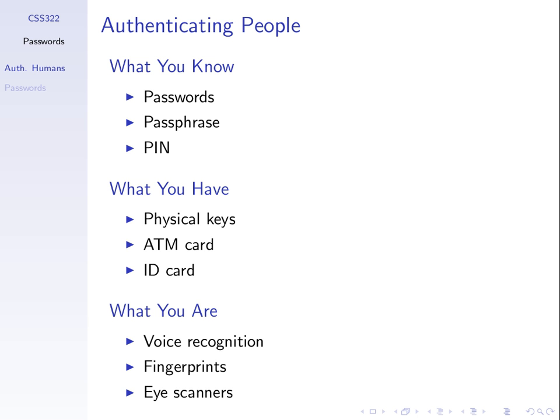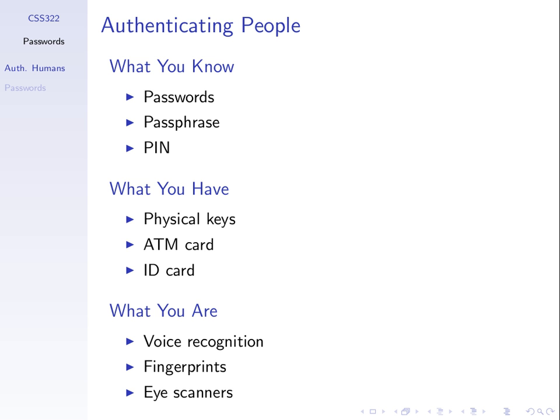Another thing is what you have in general. If you have a key, you can come into the building. The building authenticates you based on you having the correct key. We can also apply that to security systems. We can have keys stored on USB disks. Take your USB and store a large, secure 256-bit random key. I don't have to remember it. It's stored on my USB disk.